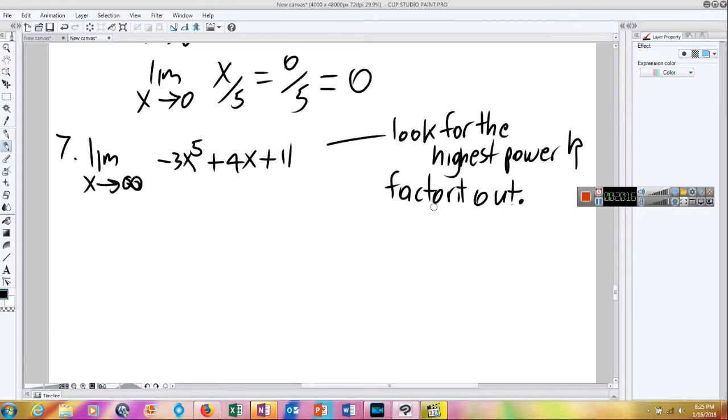So here's what we're going to do next. We're going to say limit x tends to infinity for the function. Since we're factoring out x to the 5th, we have to say x to the 5th times -3 plus 4x plus 11.